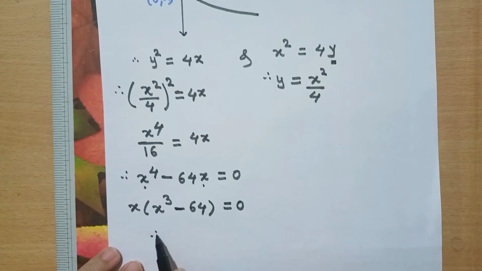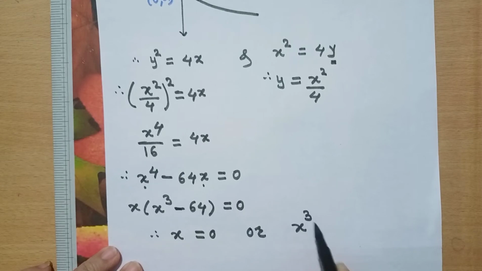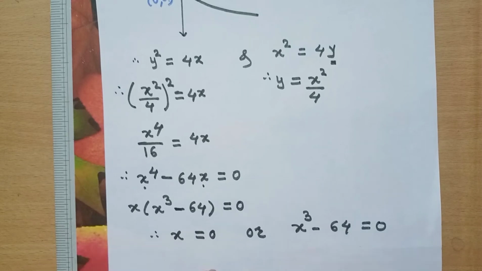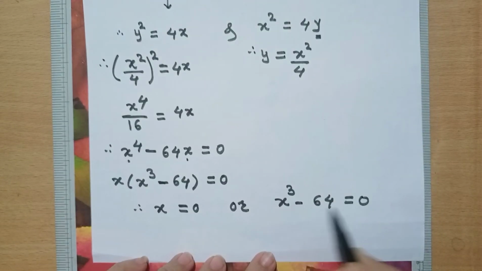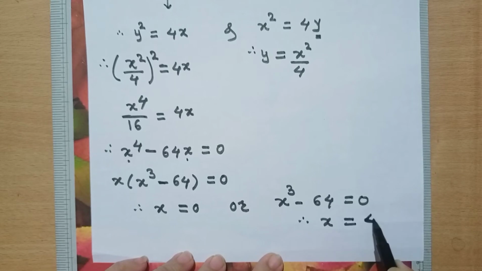That means either x equal to 0, or this bracket equal to 0. That means x cube minus 64 equal to 0, and here x cube equal to 64, and therefore x is equal to 4.